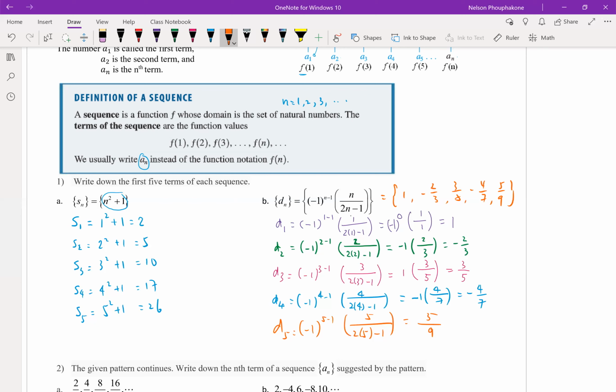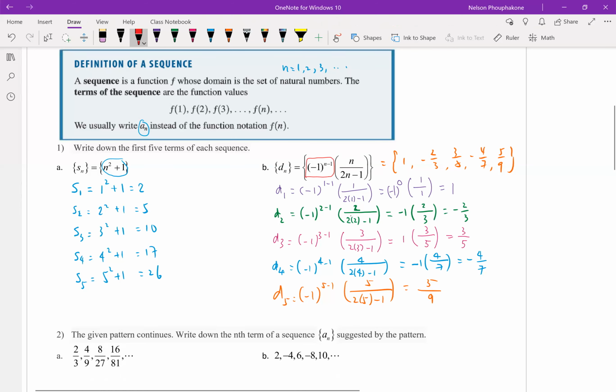One thing I hope you notice is that this term makes the sign alternate: positive, negative, and so on and so forth. So next time when you see a sequence with positive and negative signs, you can use this to help you create the sequence or find a function.